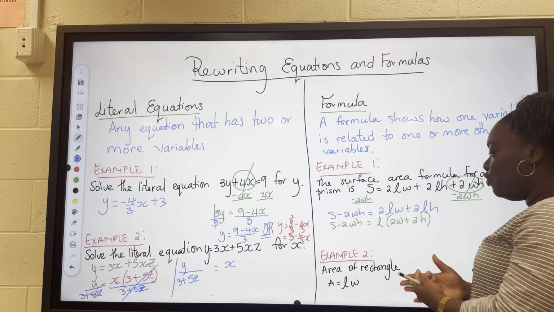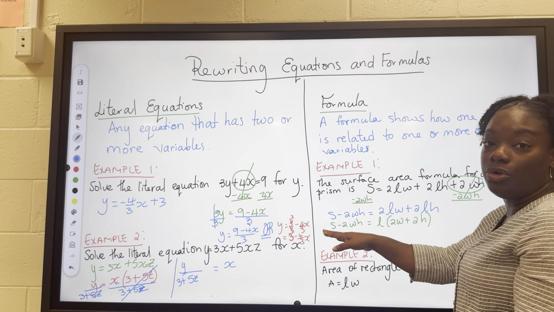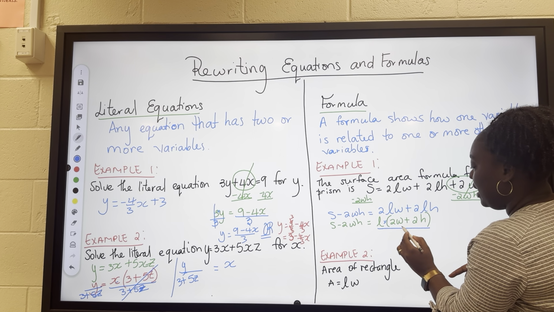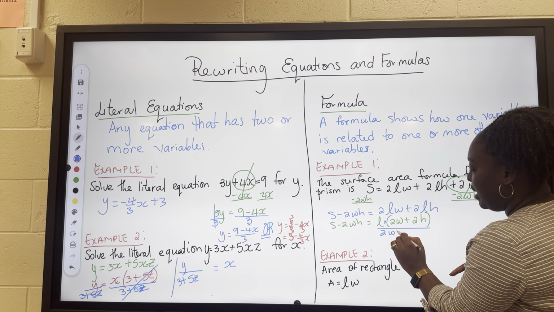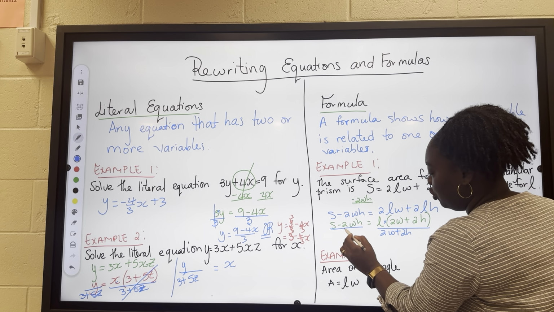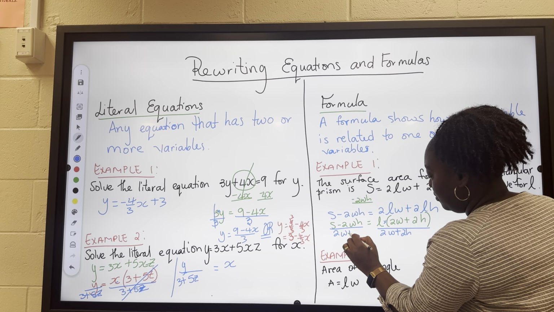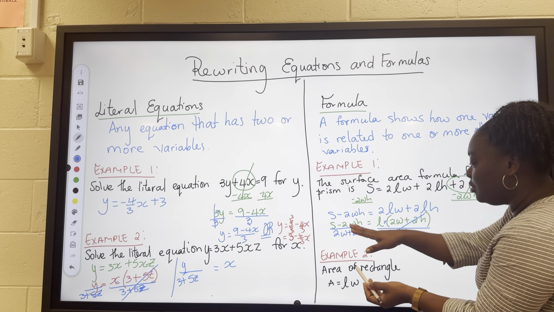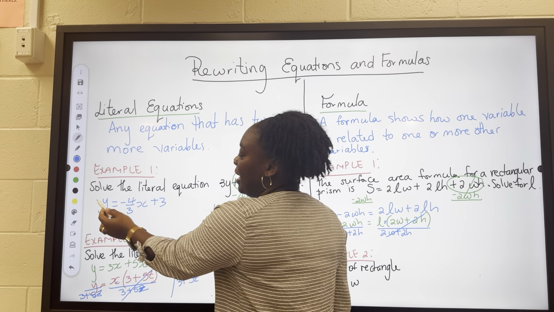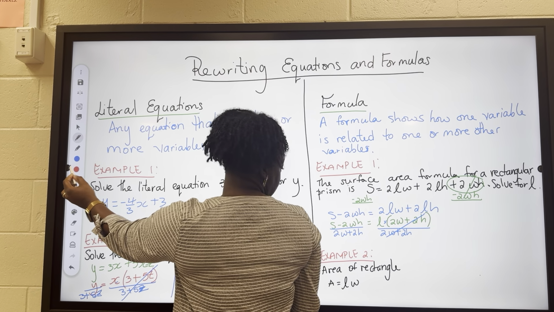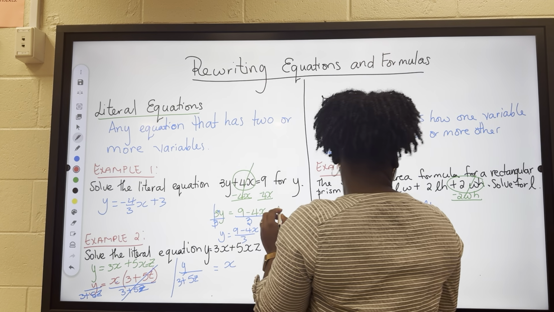What would be my next move? I want to get rid of this, so I have L alone. So remember, this is multiplying right here, so I can go ahead and divide. Anything you do on one side, you do to the next. So that's gonna be canceled out. So my final answer here, and I'm trying to find another color to use.